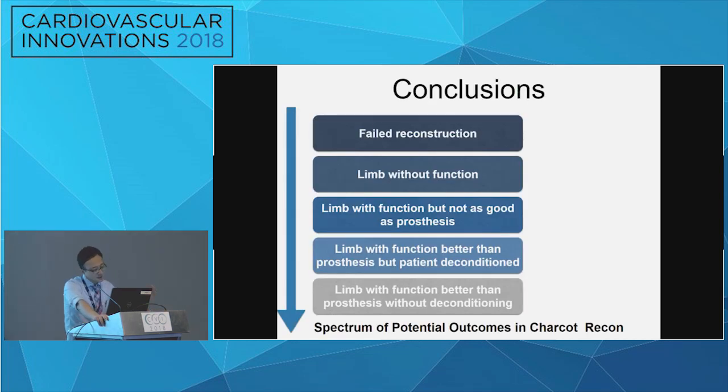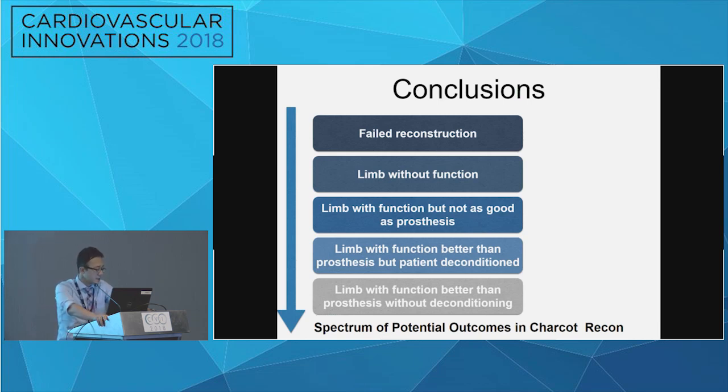So when we're looking at the major reconstructive surgeries, again, it's not the minor something that we could treat with local wound care and a minor amputation. I'm talking about the major reconstructive cases. There are a couple of possible outcomes. One is failed reconstruction, which is obviously not good.